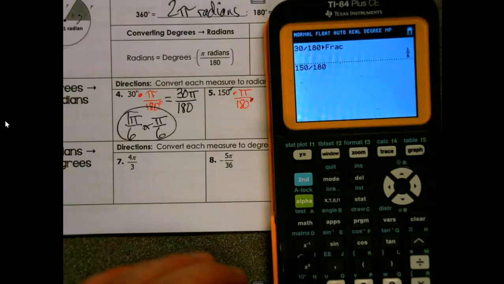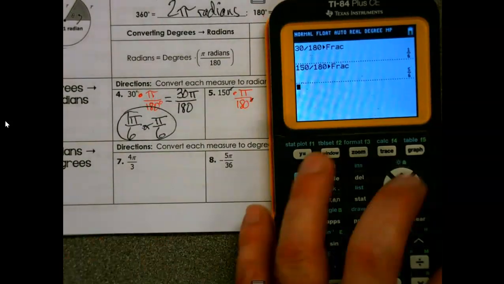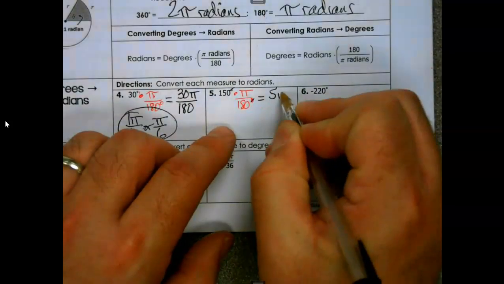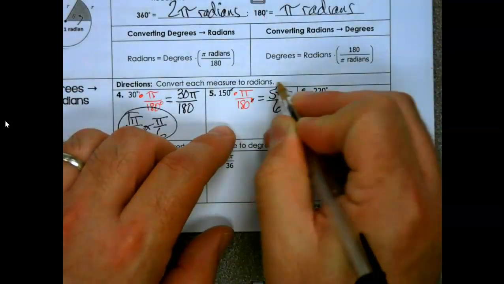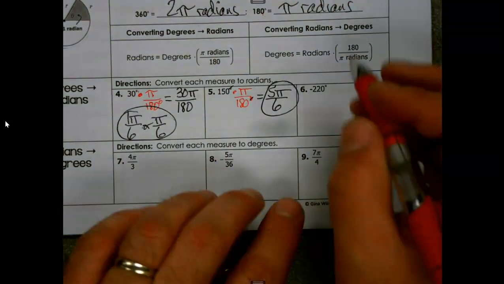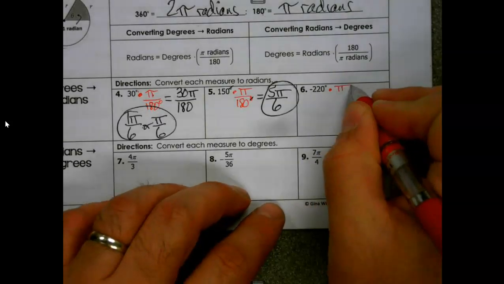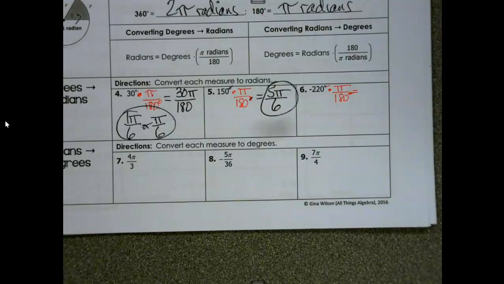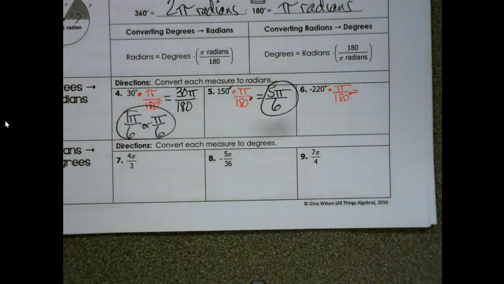150 divided by 180, math, enter, enter, is 5/6 or 5 pi over 6. No tricks. Nothing crazy. Again, the degrees cancel. You're like, wait, that says negative 220. There's negative angles?